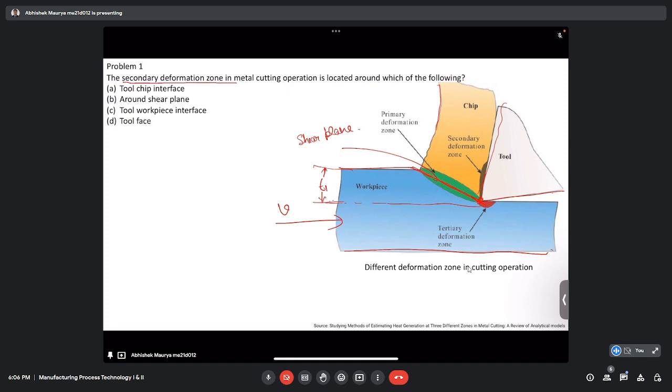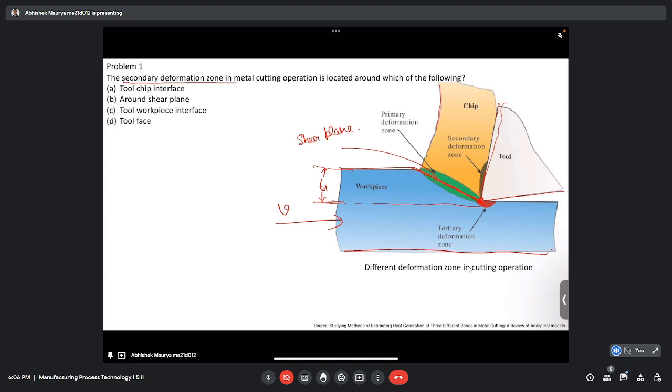Because of this workpiece and tool interaction, there are three zones which we have identified. Based on what happens because of the tool and workpiece interactions, different kinds of deformations take place, as well as temperature rise, and in different zones a different amount of temperature rise takes place.